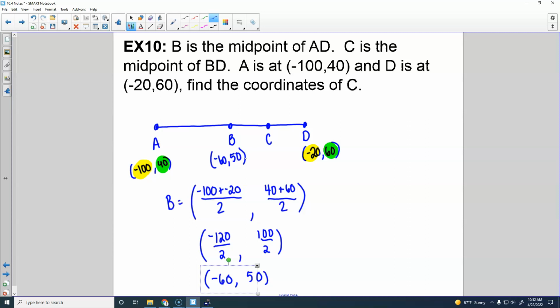So we've got to do midpoint again. This time we're ignoring A. We're not using A because C is the midpoint of B and D. So, Passion, tell me what we'll do for this one. C is between which two numbers? Yep.